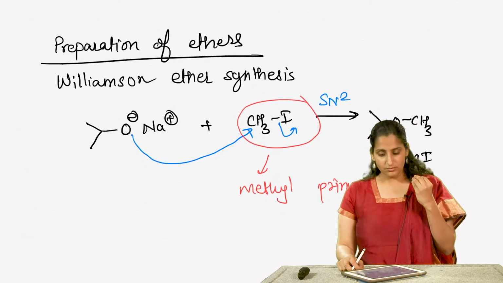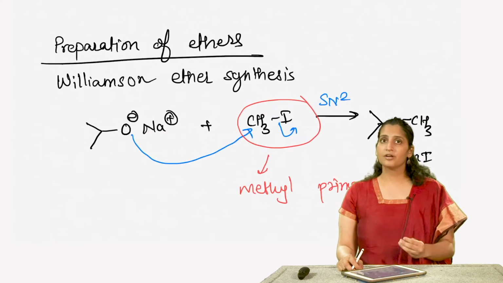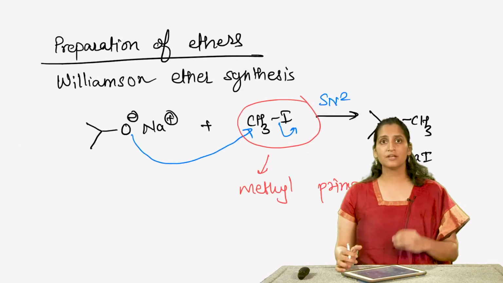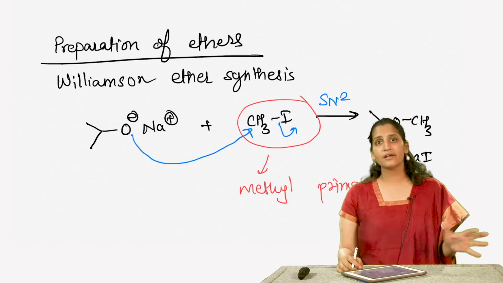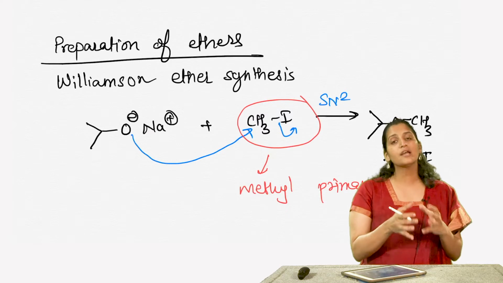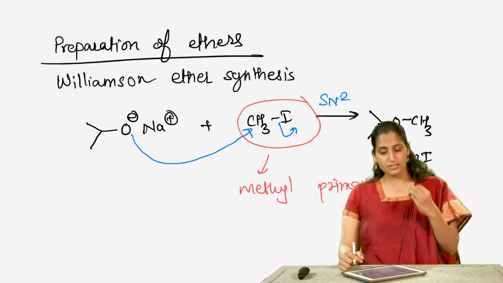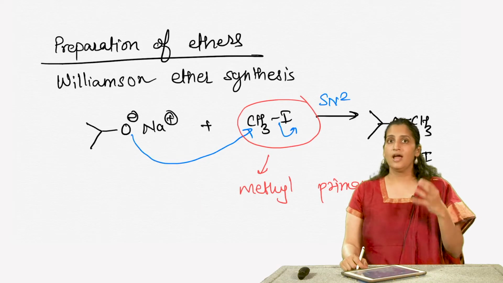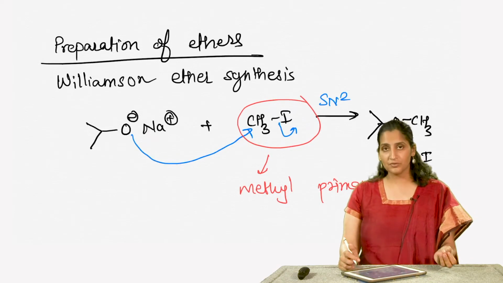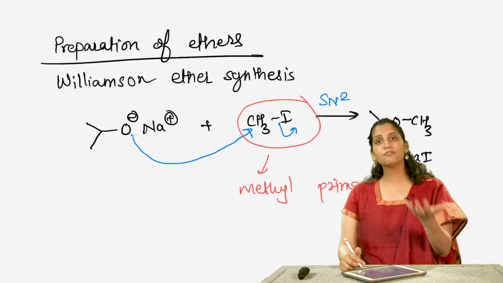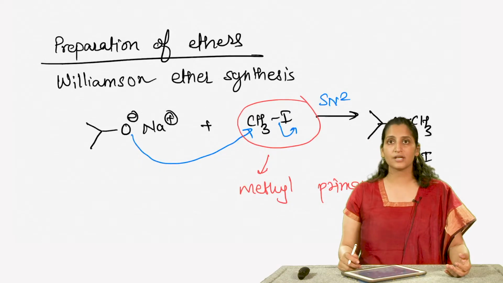And as you can imagine, for a tertiary alkyl halide, this particular reaction will fail altogether because a tertiary alkyl halide will not perform an SN2 reaction, right. Similarly, the alkoxide here has to be such that it will prefer forming a substitution reaction.